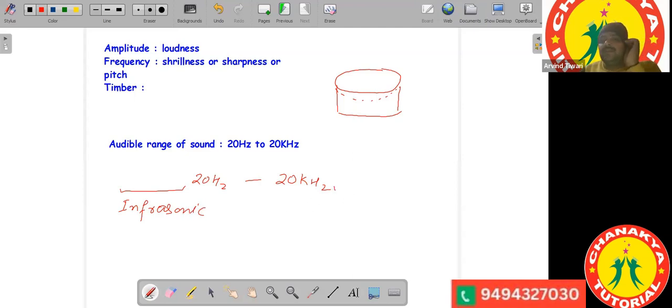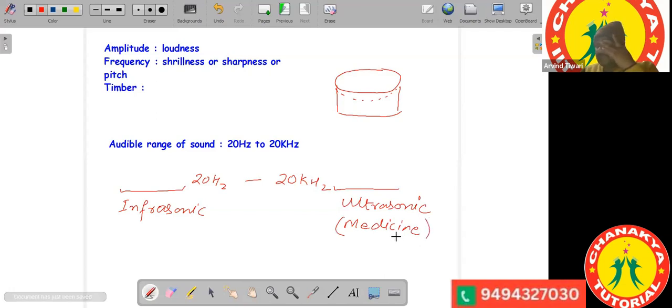The frequency which is greater than 20 kilohertz or 20,000 is called ultrasonic. Ultrasonics or ultrasound finds its applications in medicine. This is also called ultrasound.